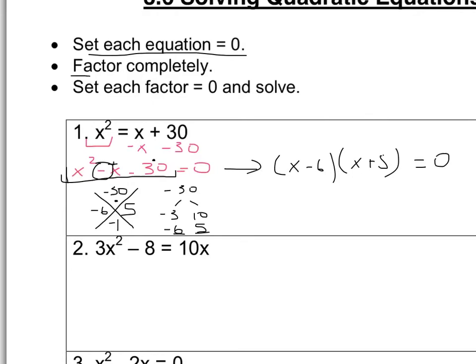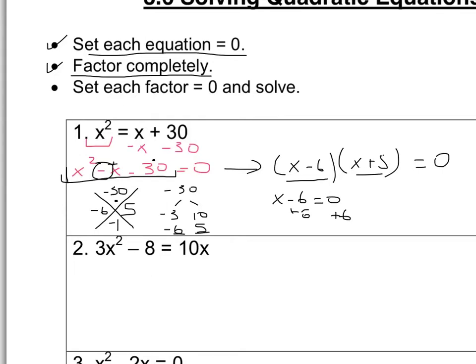Now, as you can see, I factored completely, so I did the first and second step. Now you need to find the x-intercepts. As you can see, this moved 6 units to the right, and this moved 5 units left. Or basically, if you want to solve it, you just set each one of them equal to 0.